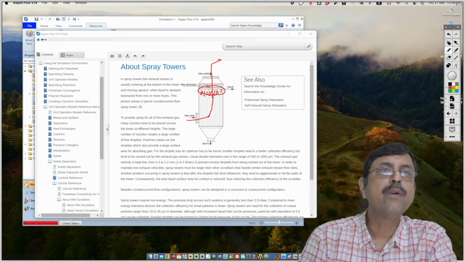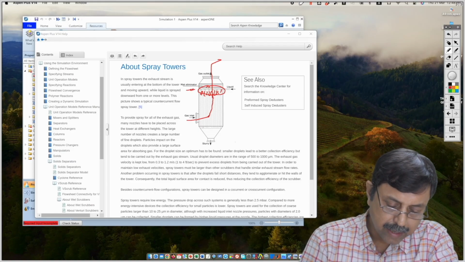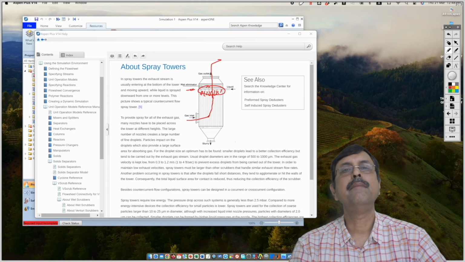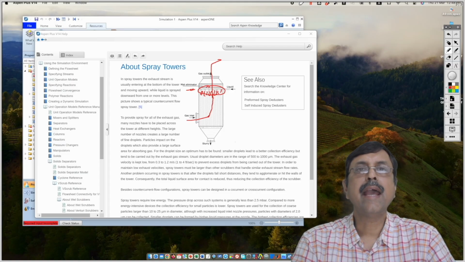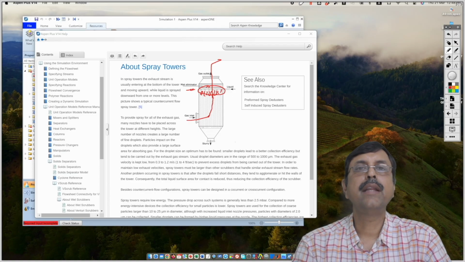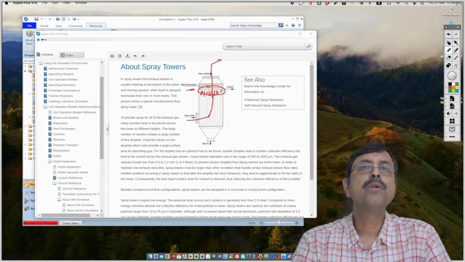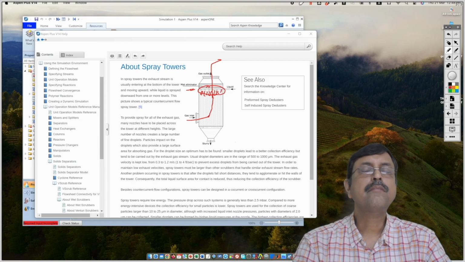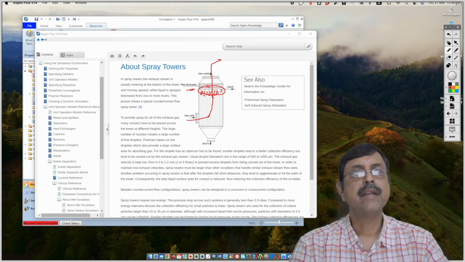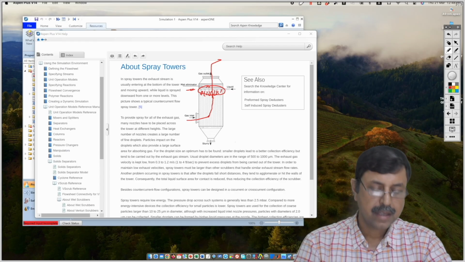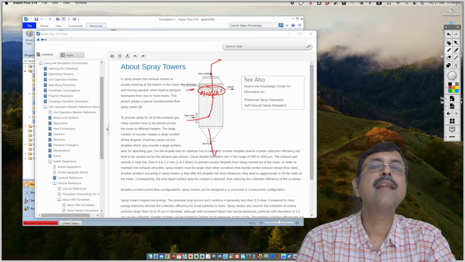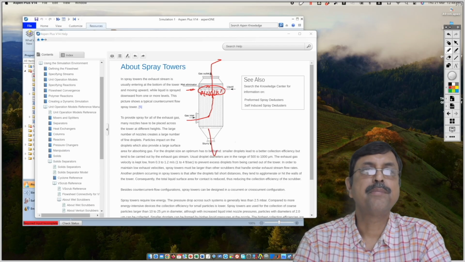Here also there will be a mist eliminator, and this mist eliminator will eliminate the mist, whatever it has formed inside the vessel. So clean gas, that means the gas without any mist and without any particulate matter, is expected to come out of the scrubber. And obviously efficiency will be defined as the ratio that I have mentioned a couple of minutes back. And this is the outlet for the slurry in the case of spray tower.